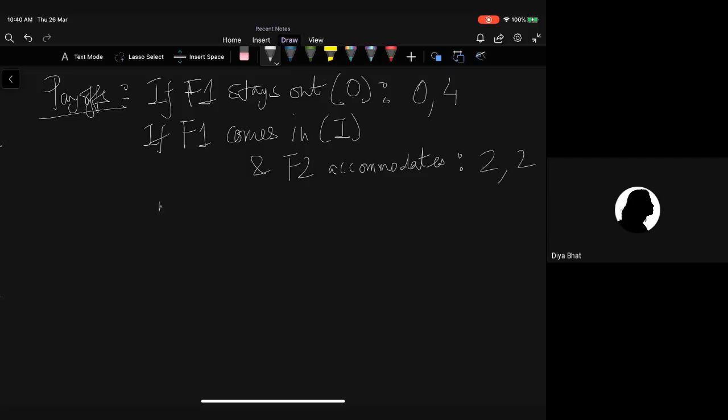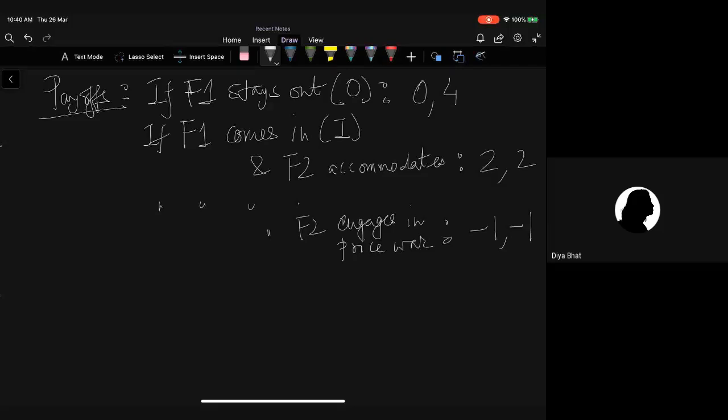And if F1 comes in and F2 engages in a price war, then the payoff is -1, -1. Both firms lose. So that's the payoff.